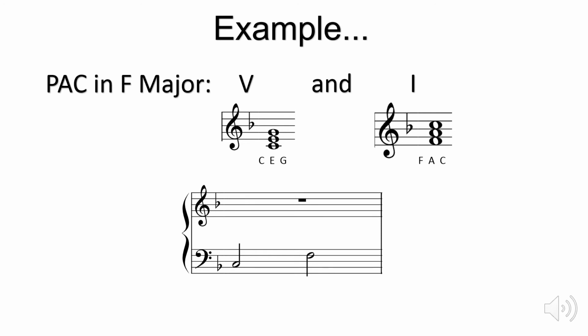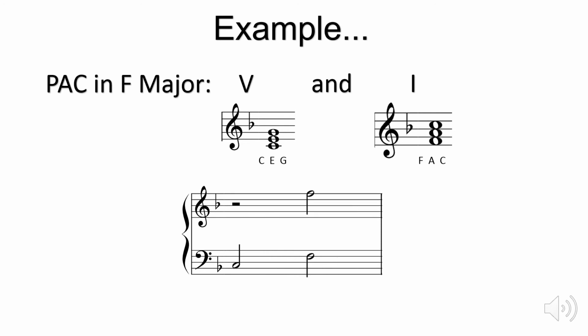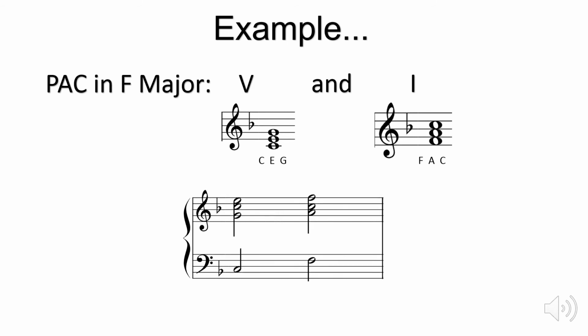Since we're in the key of F major, the tonic note would be F. So we have written down 3 notes for this cadence. The rest of the process is actually pretty easy. We just have to fill in the other voices. And here is an option.